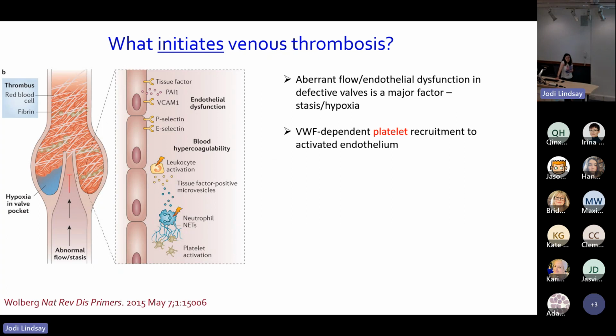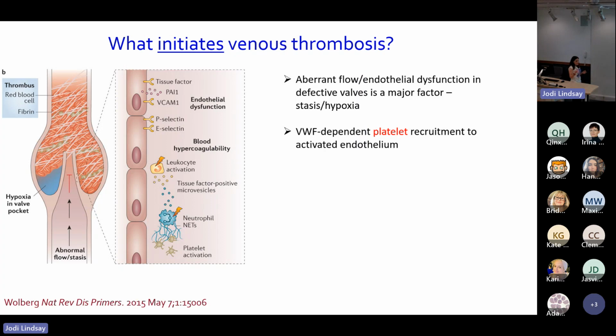How venous thrombosis is initiated: there is a very important component, which is the abnormal flow at the site of a defective valve. And the valve pocket especially constitutes a nidus for thrombus formation. It activates the endothelium, which also sometimes is stasis, so no flow, which creates a hypoxic environment, which also fuels this endothelial dysfunction.